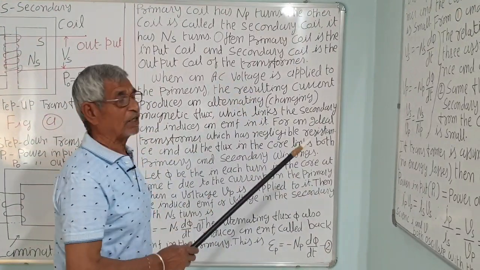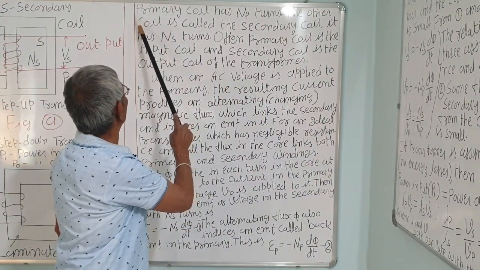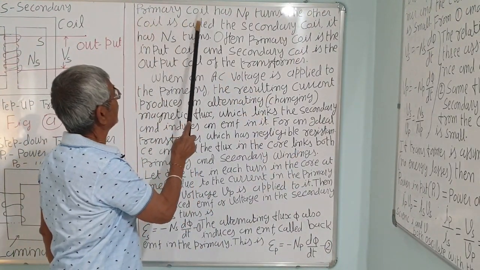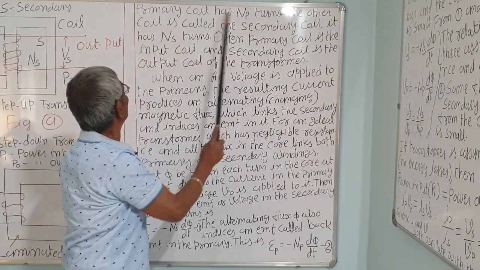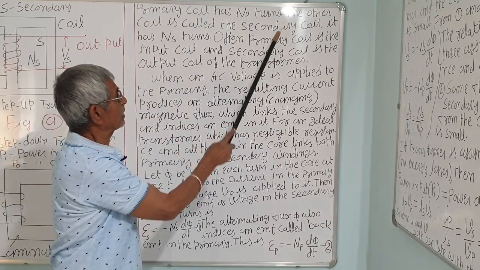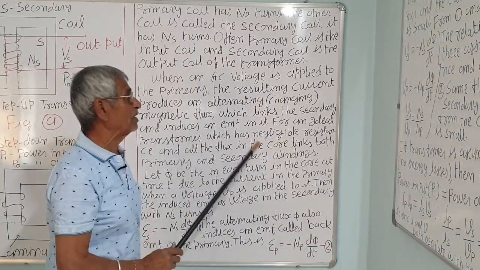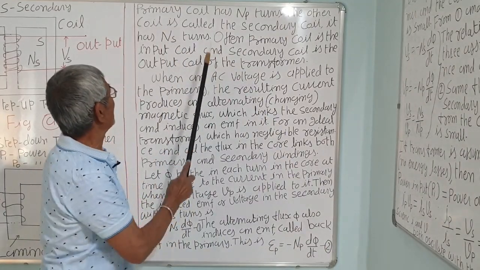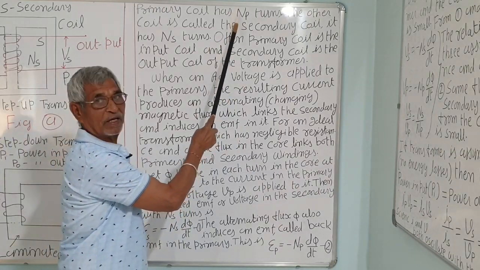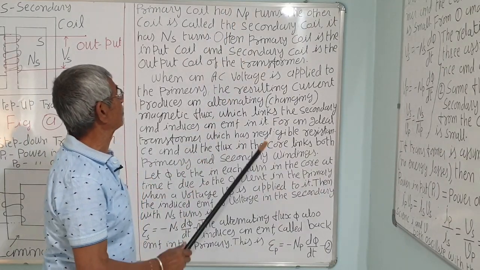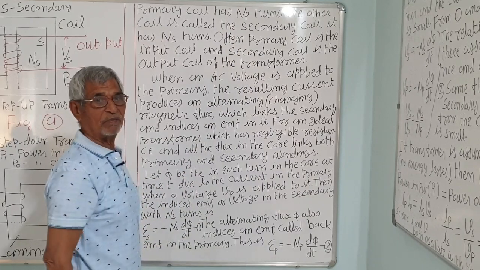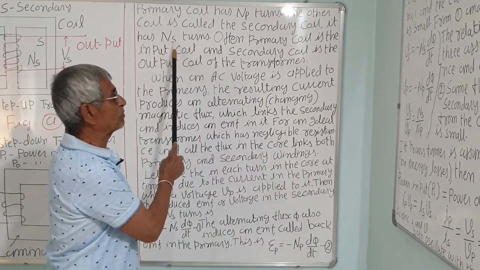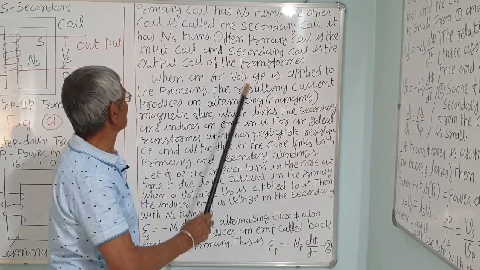As we already discussed, one of the coils, called the primary coil, has NP turns, and the other coil, called the secondary coil, has NS turns. N is the number of turns, S for secondary, P for primary. So the number of turns of the primary is symbolized by NP, and the number of turns of the secondary by NS.